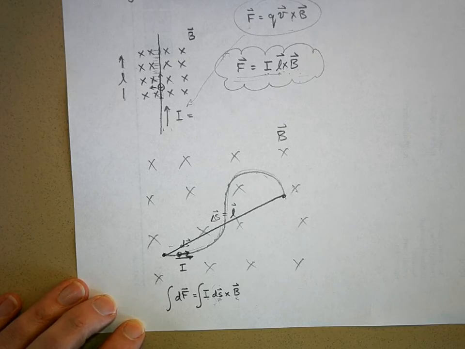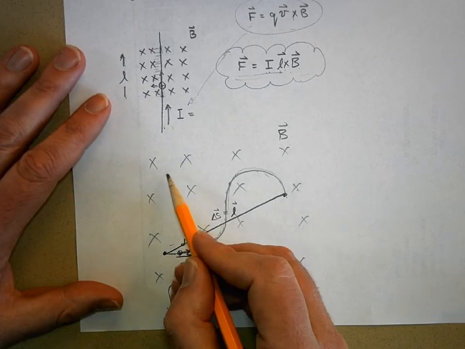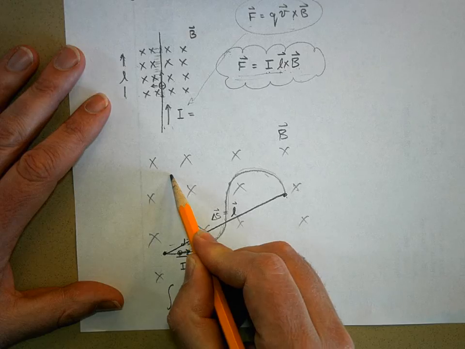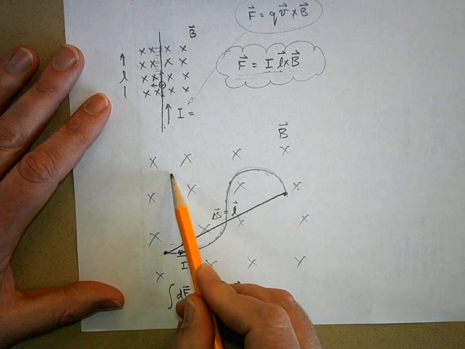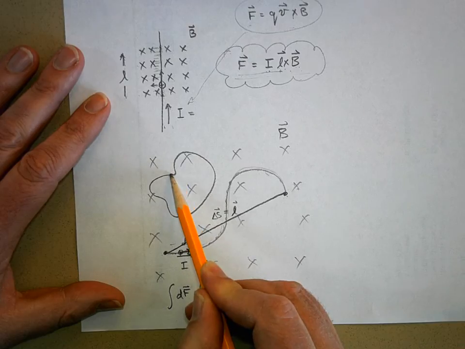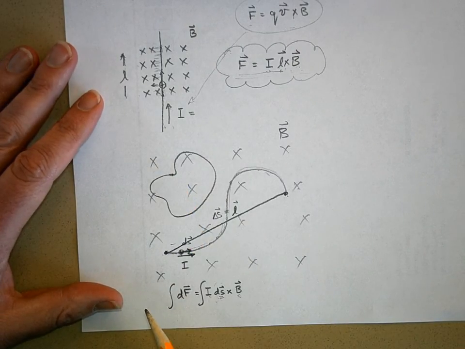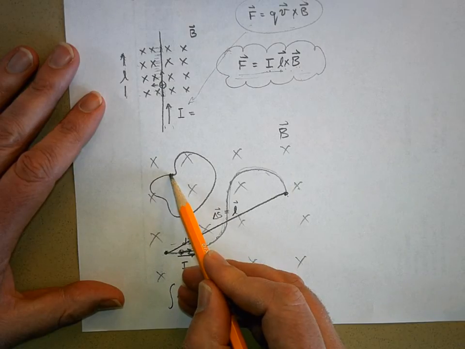Now, here's a little law. What if I go in a loop? I'm running out of time here, so I'm just going to go in a loop. I'm going to start here. Let's say my wire goes in a complete loop like that. Is that called where it doesn't matter how you get there? Conservative force. Yeah.